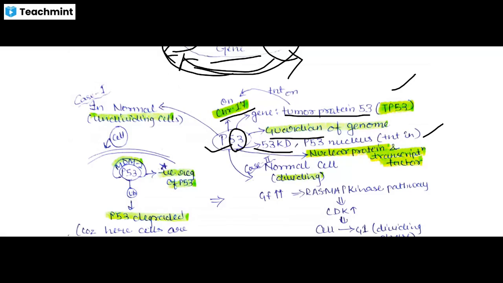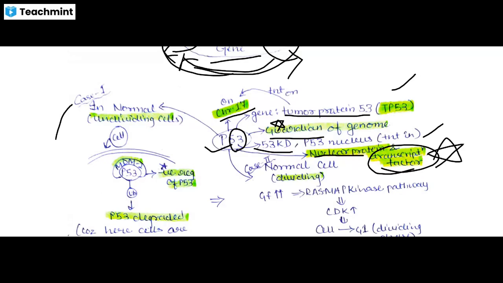So it became a nuclear protein as well as a transcription factor. This is an important point again. Fine. Now there are three cases in which we can understand the function of P53.